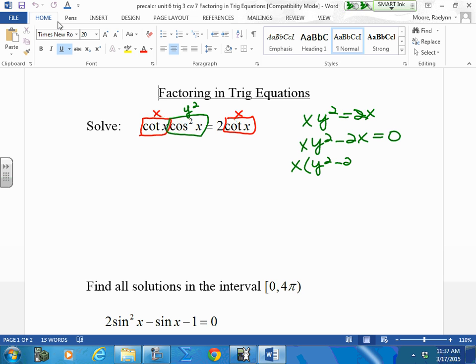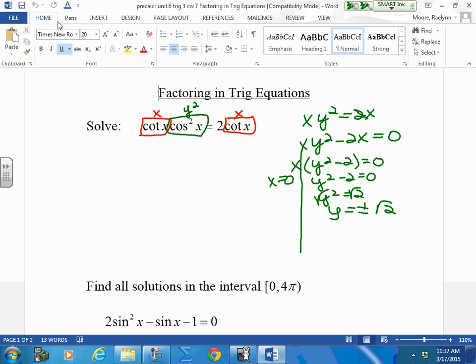So now look what happens. Now I get both of my factors that have a different variable. I can solve them. And then you can add 2, take the square root. Now, it always looks a little trickier with sines and cosines in there.